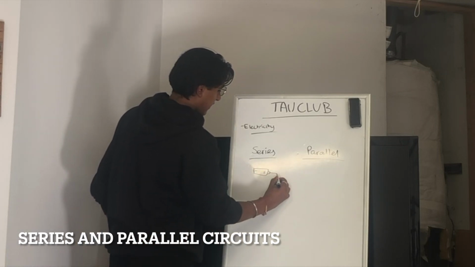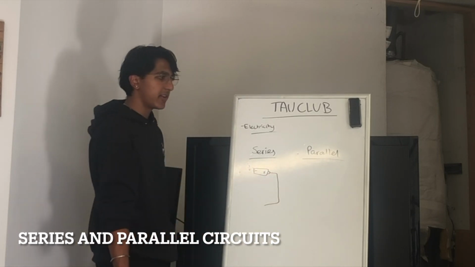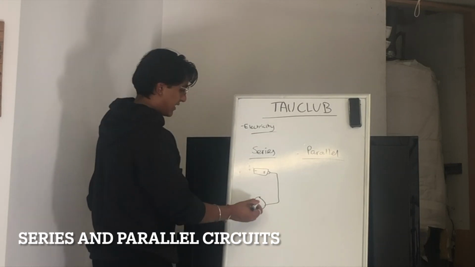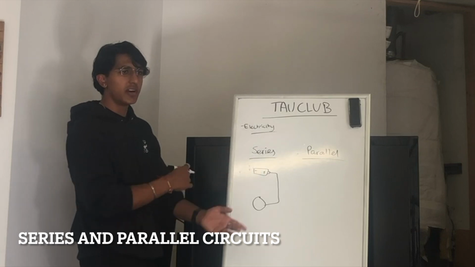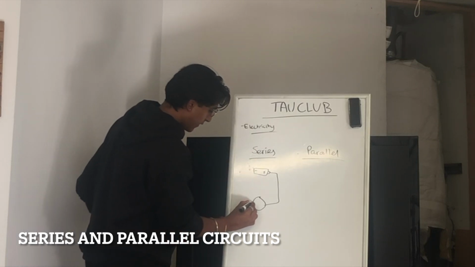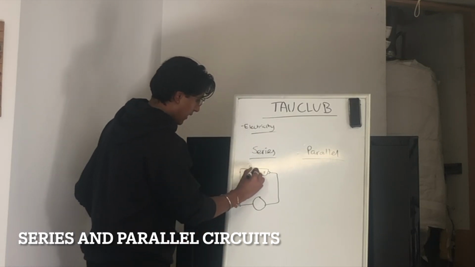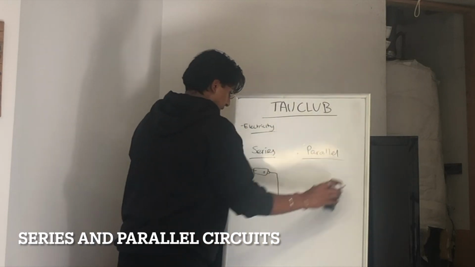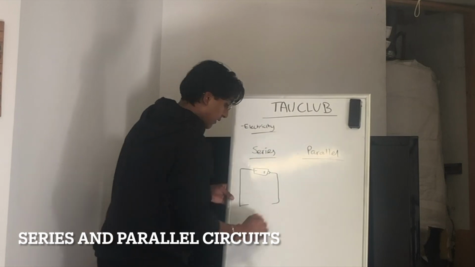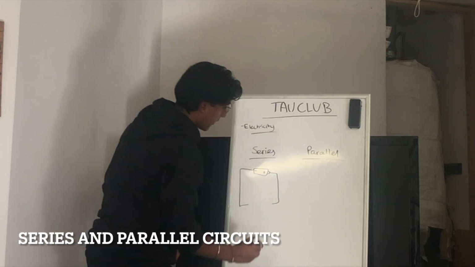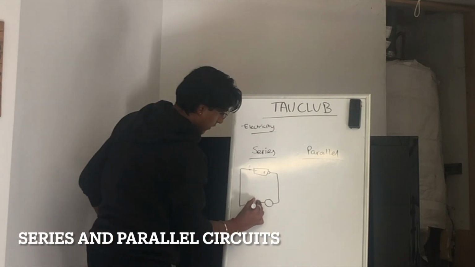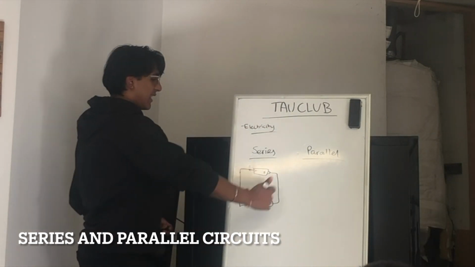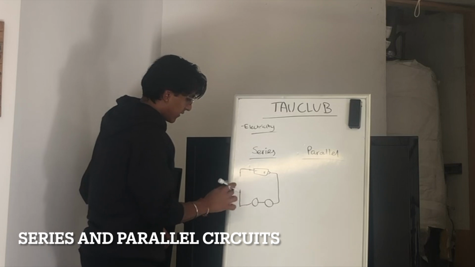Then it is connected by a wire to whatever you want. Let's say this is like a light bulb or a motor or speaker, whatever you want it to be. And it's connected back. So you will have all of whatever you want to connect on the same line like this in a series.